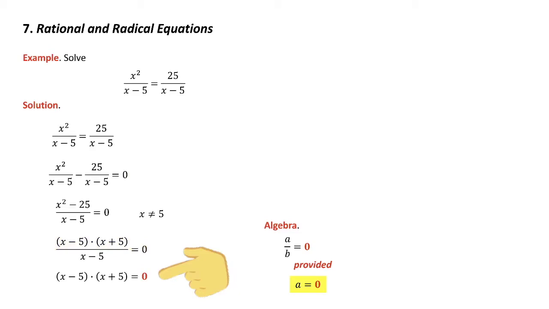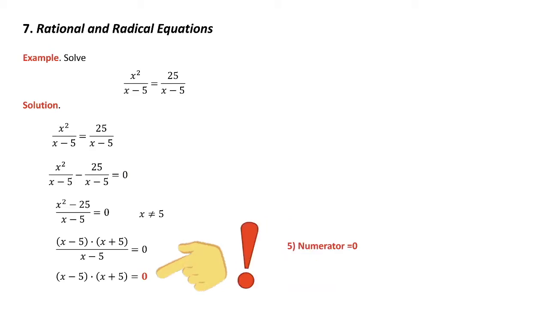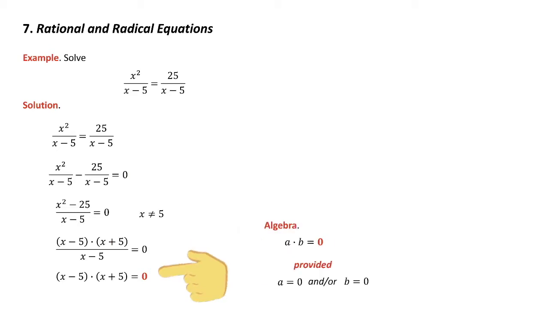Now notice, how do we go about solving this? Well, now we have A times B is 0. So I set the numerator to 0. A times B is 0, provided A is 0 or B is 0, or possibly both. You see, it's the same couple of basic rules that come up all the time.